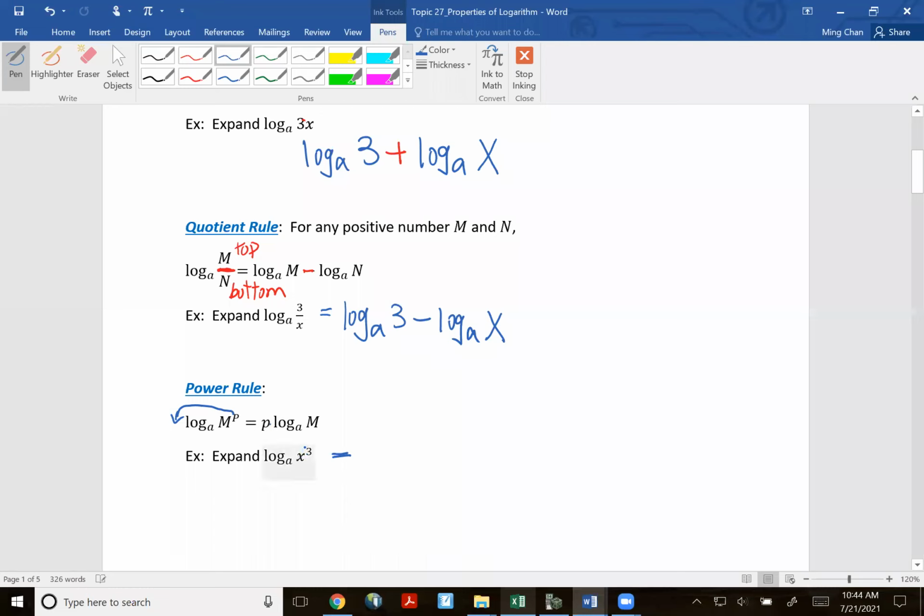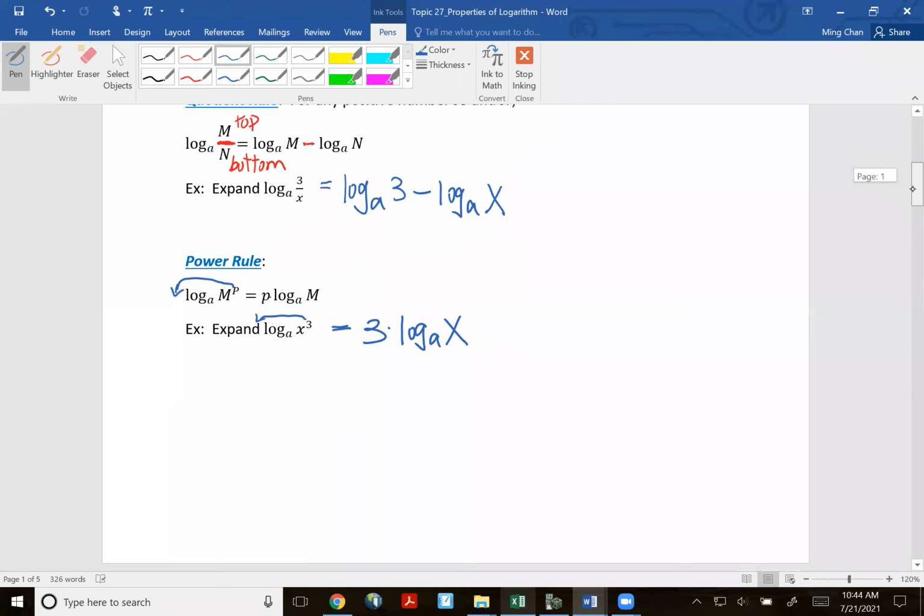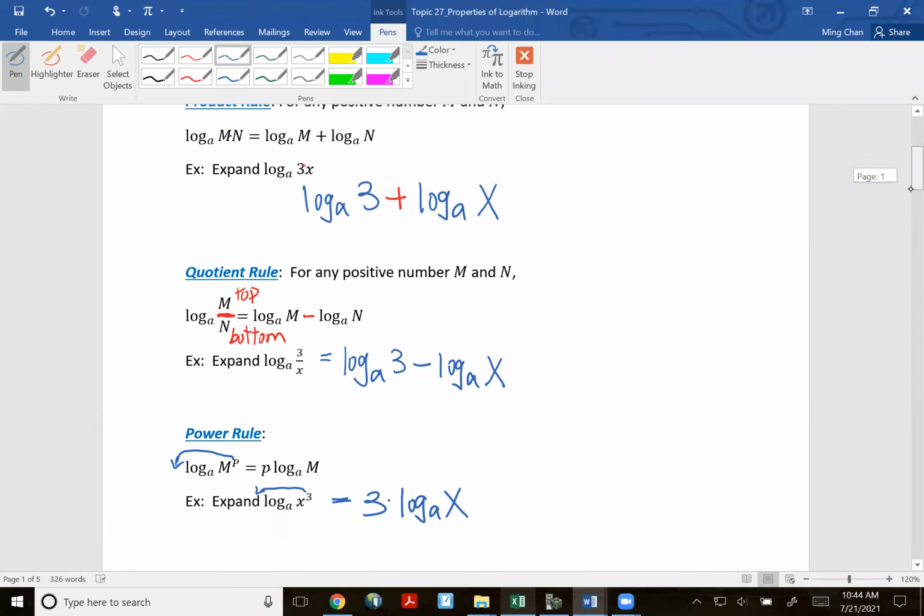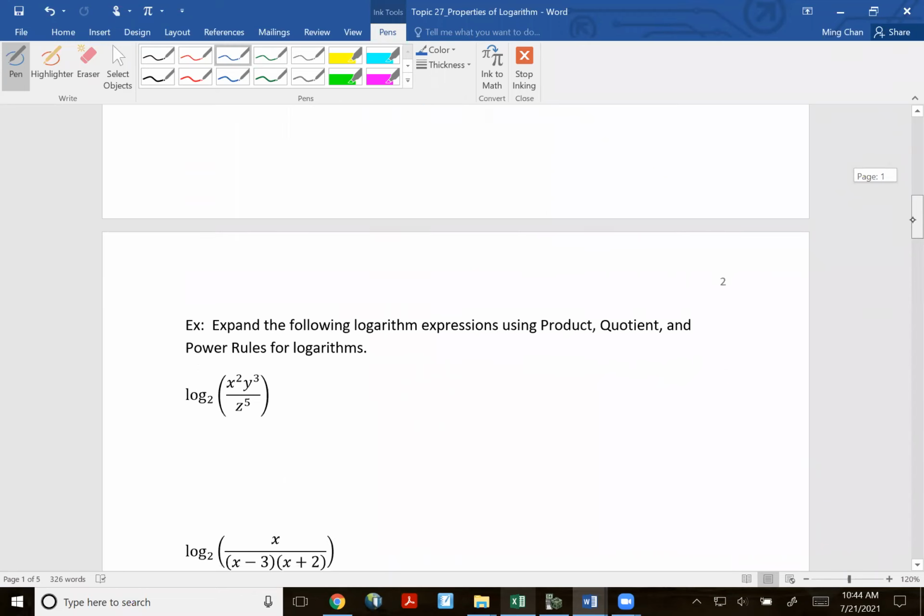All right, bring the exponent, bring the power to the front. So that should give me 3 times log with the base a of x. Okay, if you've got an exponent, you can bring it down. All right, product, quotient, and power rule.